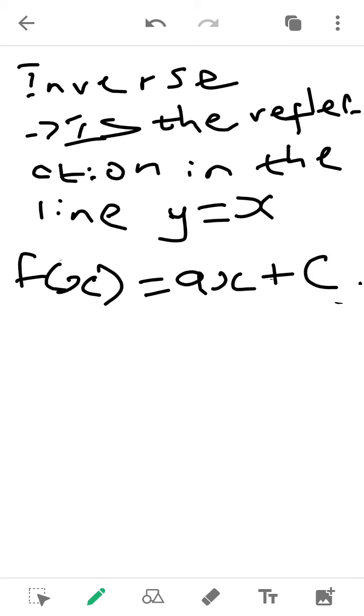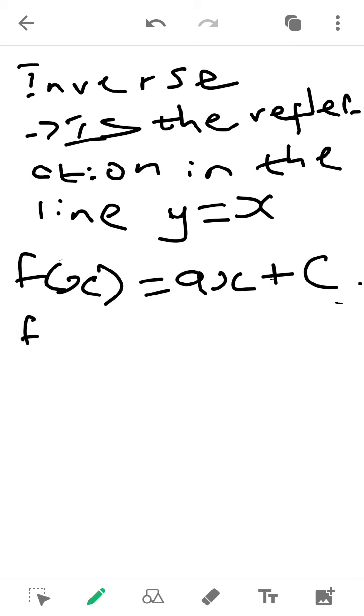It can be written like the equation of a linear function. f of x can be written in the form of mx plus c.